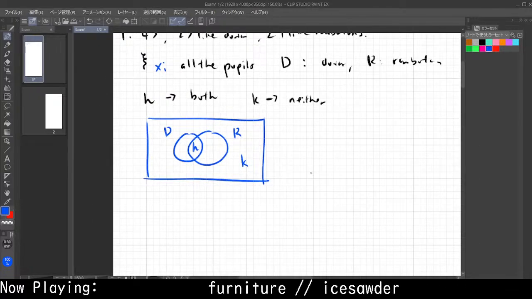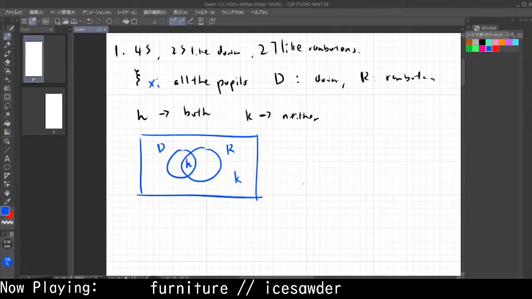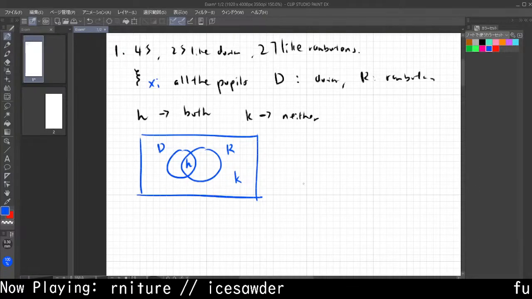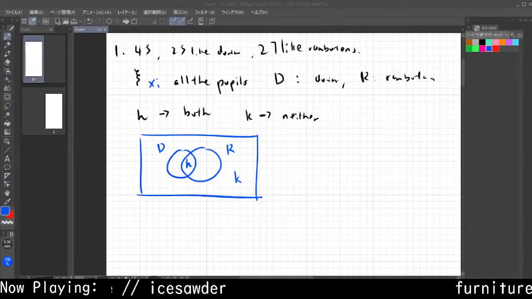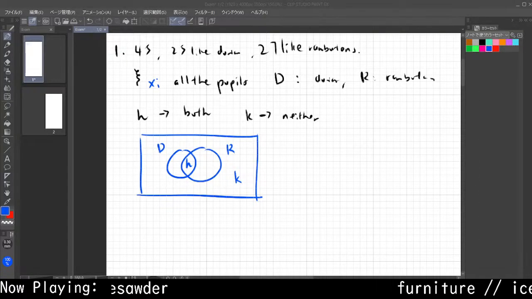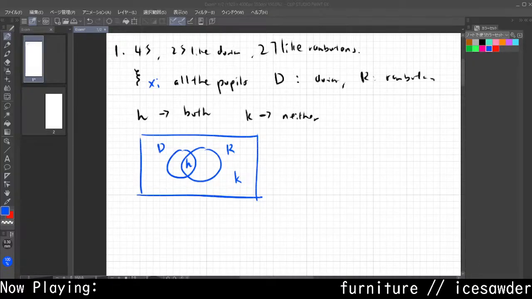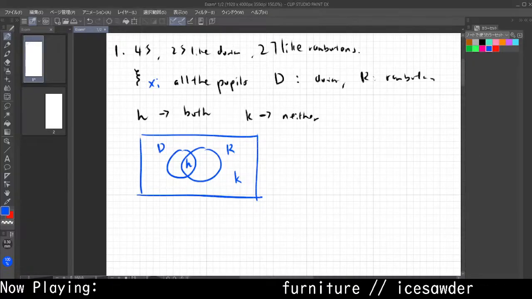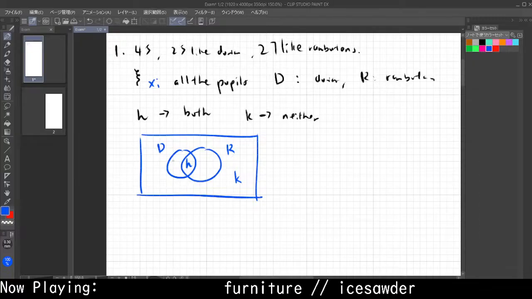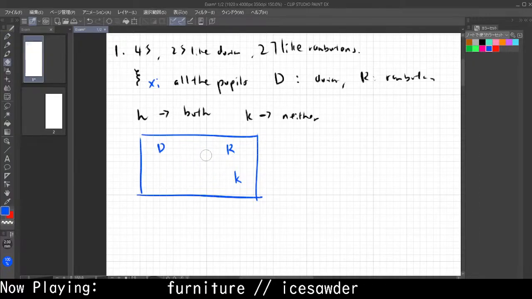Then since 25 like durian, this will include the middle part. Therefore, we will be having 25 minus H in the middle over here. Let me just redraw this so it's a bit bigger.